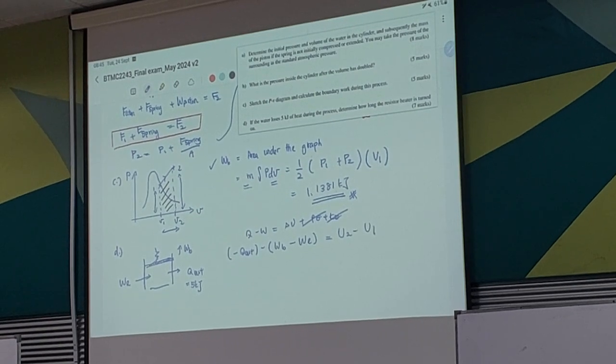Since Q is given in kilojoule, you can solve it in kilojoule or you can divide the whole thing by mass as well, that doesn't matter. Then we rearrange this, you get WE minus WB minus Q out equals m times small u2 minus u1.